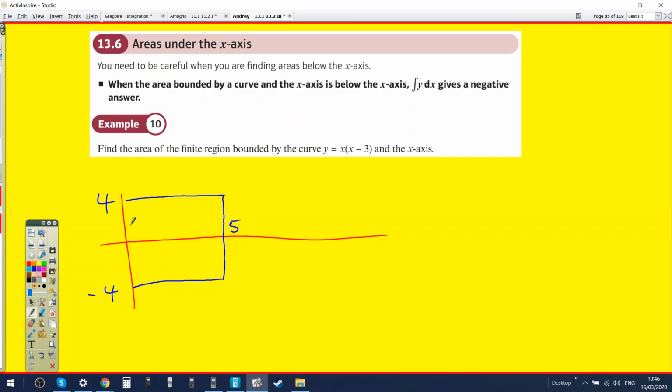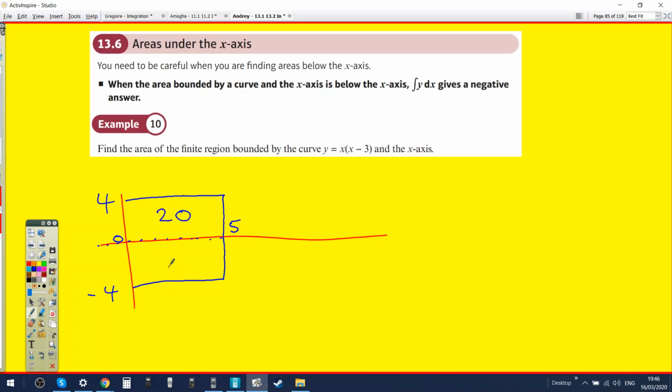What is the area of the top rectangle? Will it be 4 times 2.5? The height of the top one is 4. Yeah. And the width is 5. Oh, sorry. So just 20.